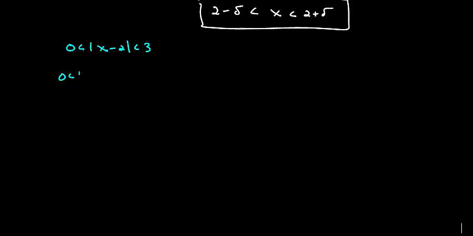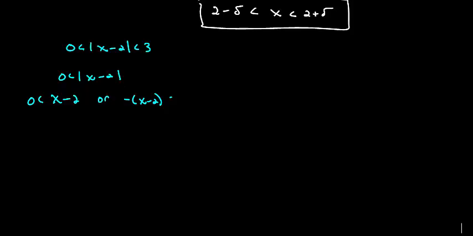Well, first, again, this guy right here says that the distance between x and 2 can't be 0. If you want to do this out, you could say, okay, x minus 2 is greater than 0. That's the first guy. Or negative x minus 2 is greater than 0.